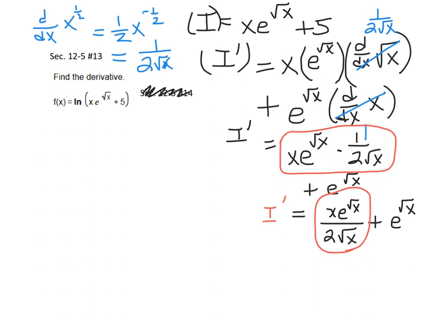So when we take f prime, the derivative of the natural log is simply 1 over whatever you've got, which is x e to the square root of x plus 5.